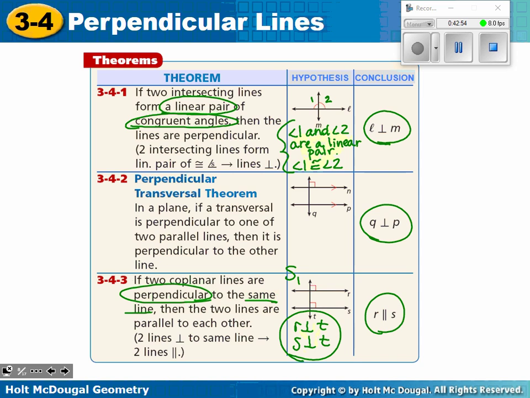And again, you can state it however makes more sense to you. But if 2 congruent angles form a linear pair, so I've got they're congruent and they're a linear pair, then the lines are perpendicular. That's a little faster to say than if 2 intersecting lines form a linear pair of congruent angles and the lines are perpendicular. Are we good? You still have to have those 2 things, linear pair and congruent.